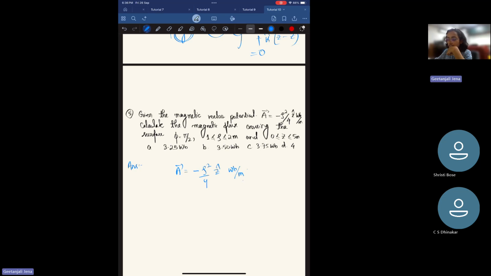Calculate the magnetic flux crossing this surface. It's given phi is pi by 2, rho ranges from 0 to 2, and z is from 0 to 5. Calculate it and let me know the answer.